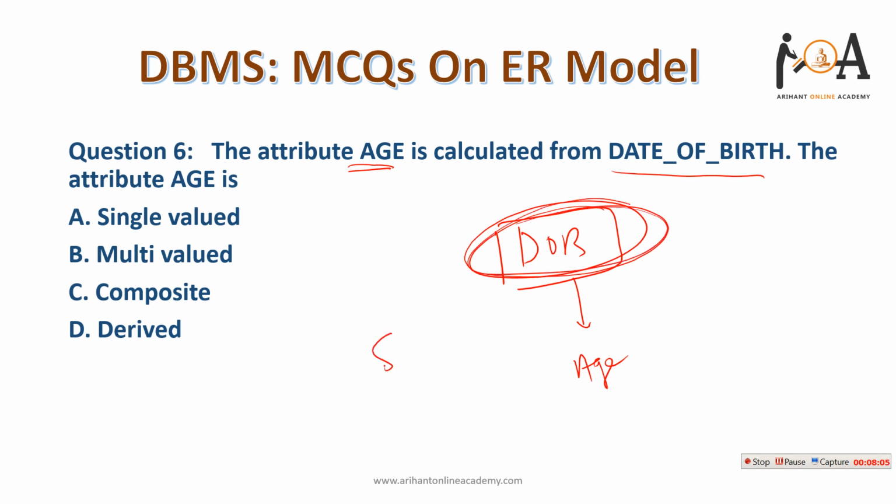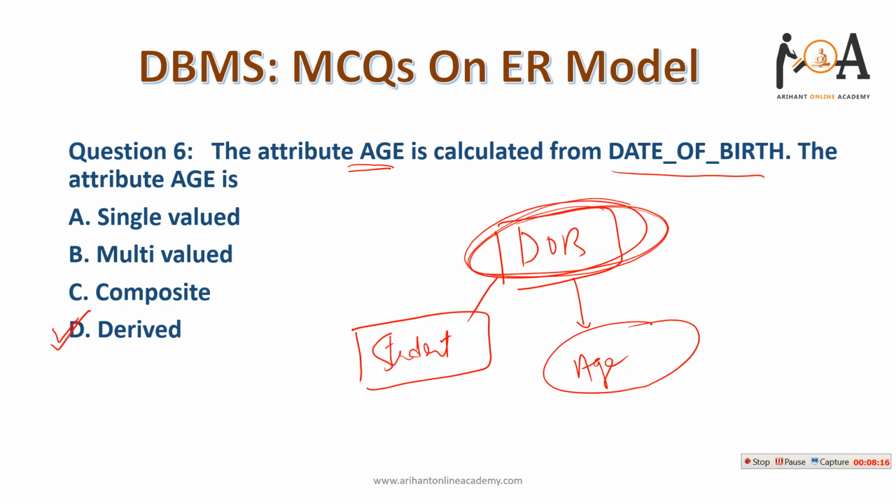Okay, and suppose a student entity is there, so student's attribute is date of birth. So from that date of birth I can derive age. So age will be considered as a derived attribute. Why? Because if date of birth is given to me, I can myself derive age. So it is a derived attribute.